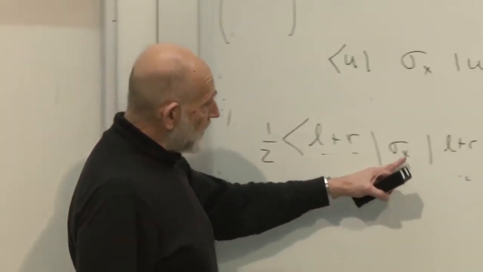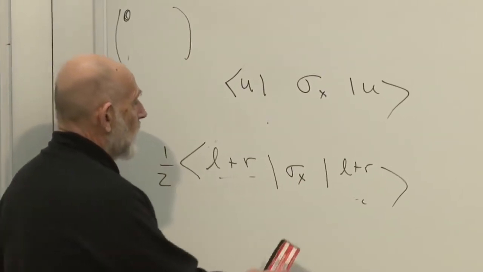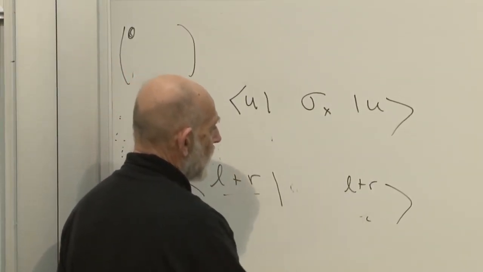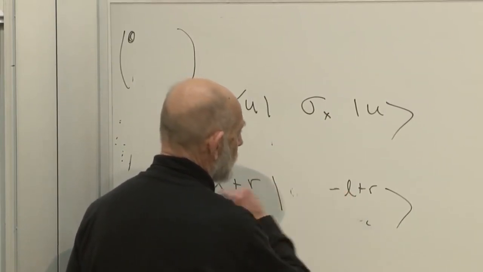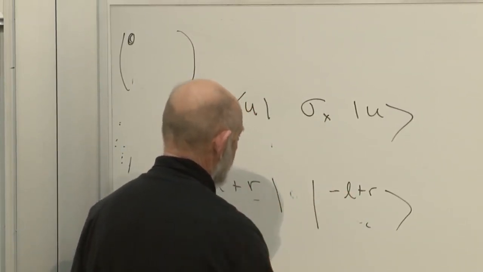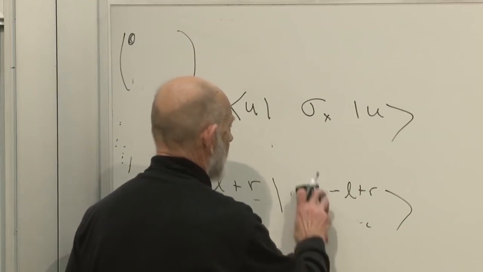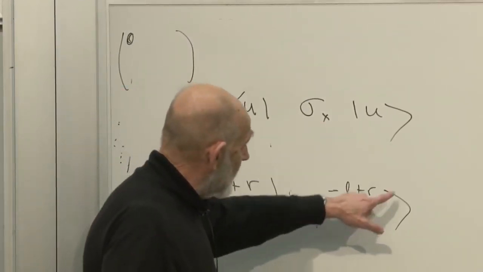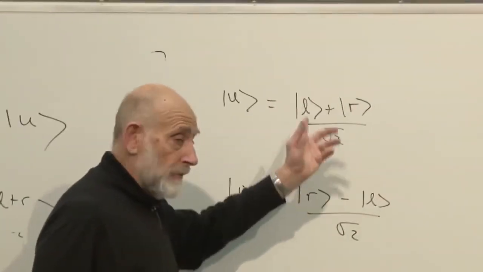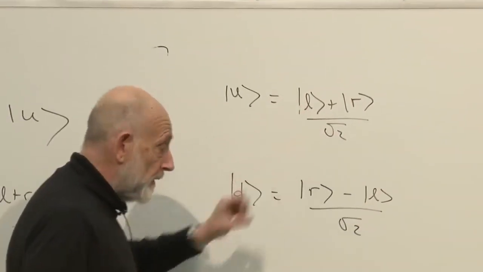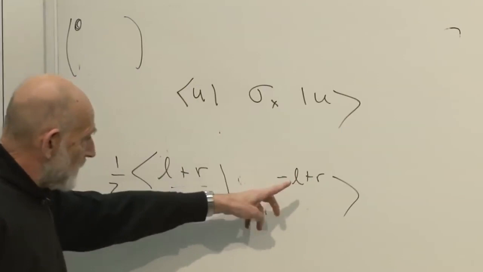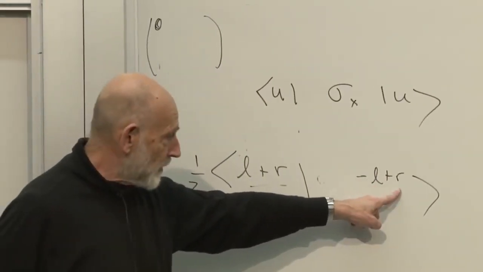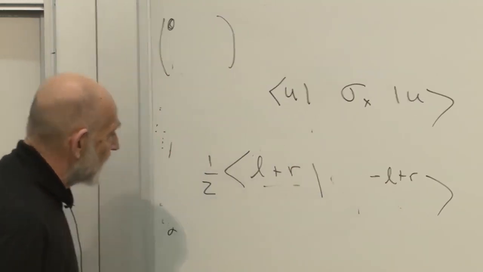So when sigma x acts on this, you can take the sigma x away and just remember what it does. It gives right minus left instead of right plus left. It hits the vector right and gives +1. It hits the vector left and gives -1. Again, these are not things to be numerically added. These are vectors, the right vector minus the left vector.